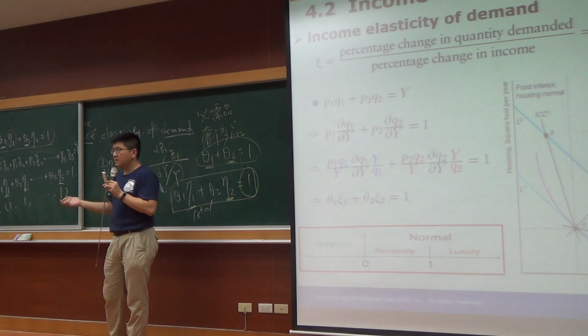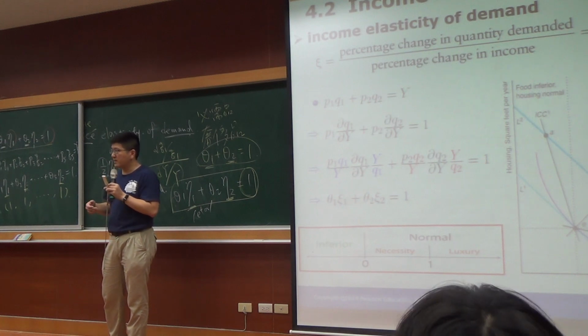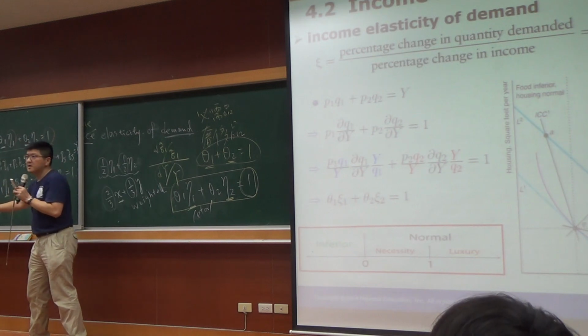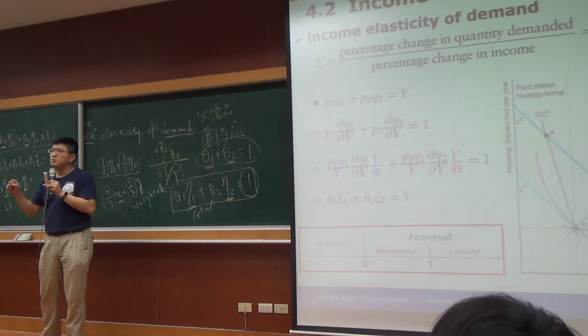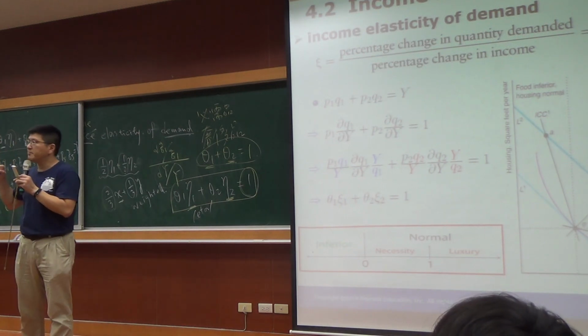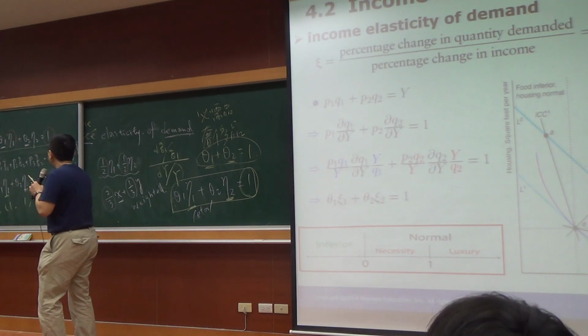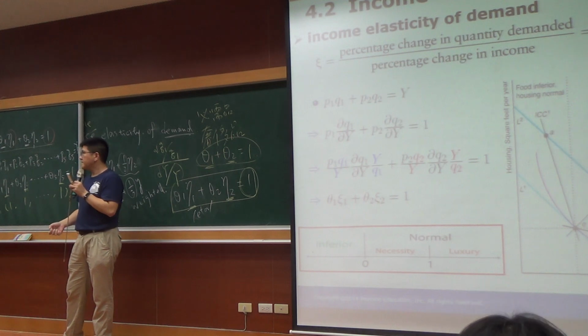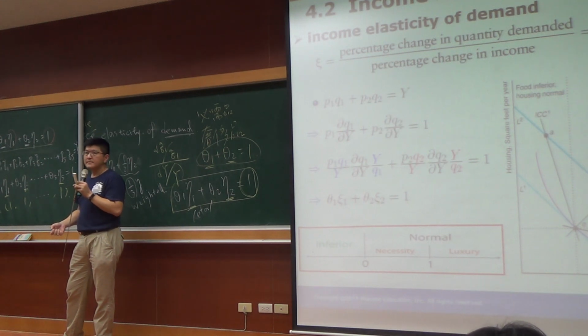All weights must sum up to 1. So this would be a reference point. If you want some income elasticity to be higher, there must be something lower, right? Got the point?